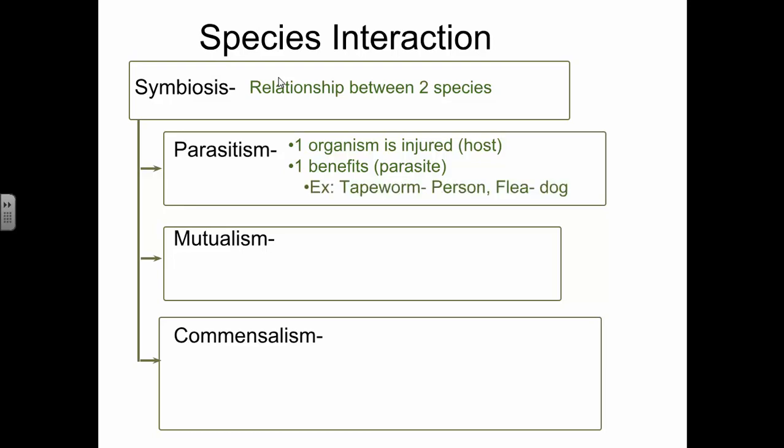So a tapeworm, as an example, gets into a person or an animal's digestive tract, attaches there, and as that animal eats, the tapeworm absorbs the nutrients. So the tapeworm gets a nice place to live that's protected, gets a constant source of food, so it's benefiting.